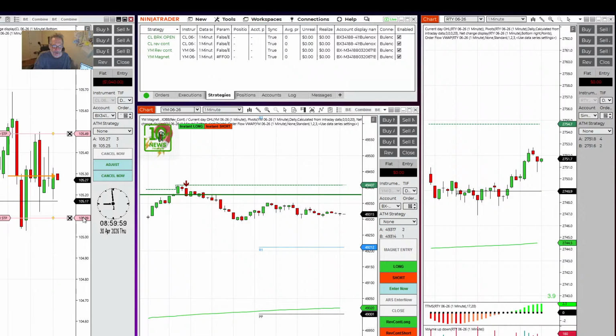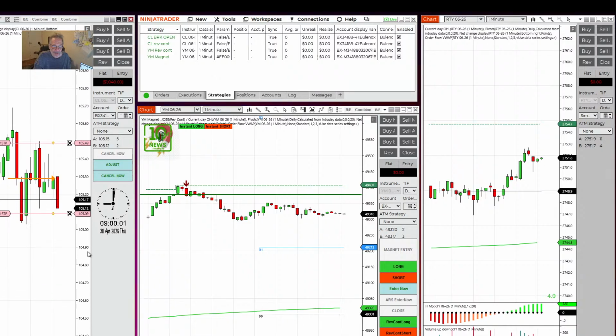Order submitted. So there's our bracket. There's the oil open. Order submitted. It fills, order short, filled. It hits the first target, expanding the target, leaving the stop where it is to see if we can trail. Trailing, expanding the target, see if we can trail a little more or if it's going to pull back and take us out.